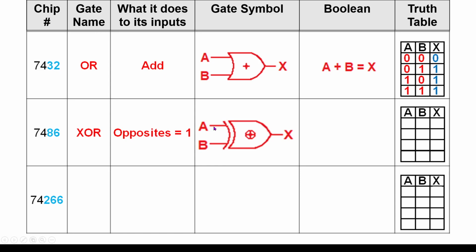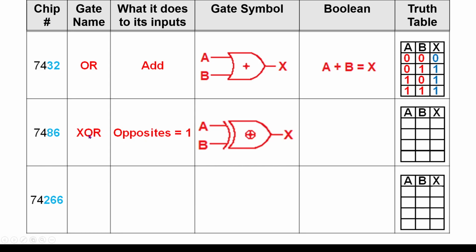The gate symbol is very similar to an OR gate symbol, except that it has an extra echo here, and the plus here has a circle around it. Okay, those are the two differences that you need to know.